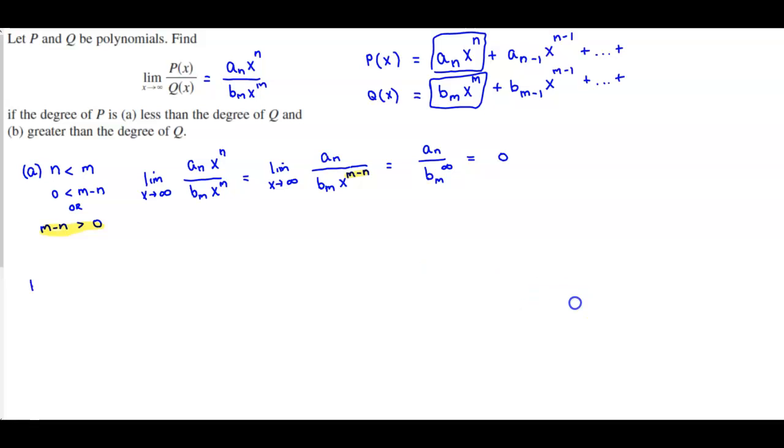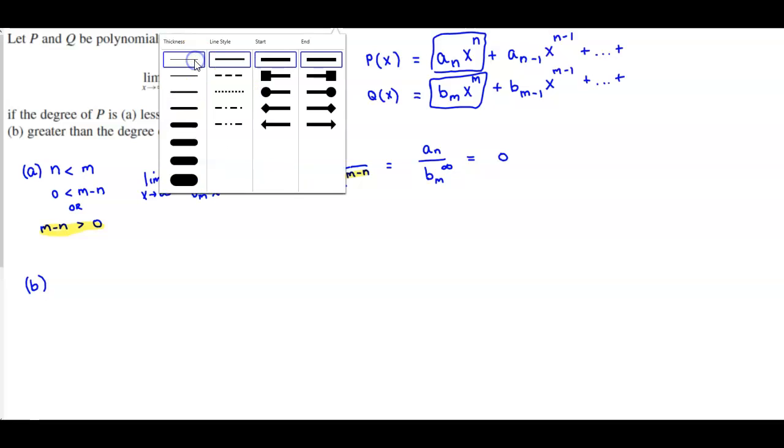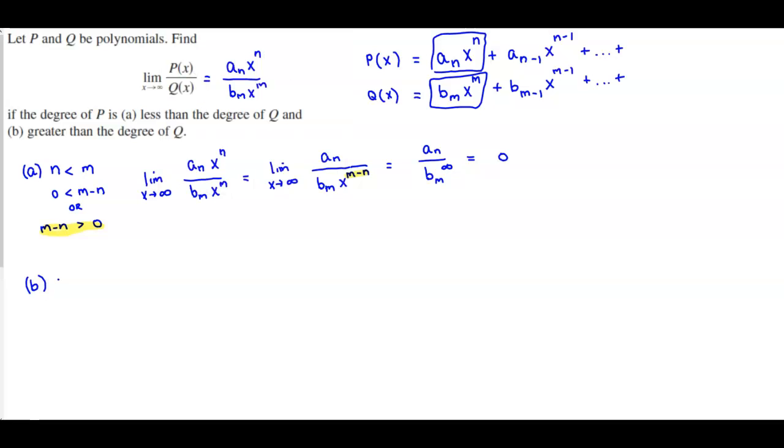Now let's take a look at part B. In part B, we want to see if the degree of P is greater than the degree of Q. So in this scenario, we're looking for when n is going to be greater than m.